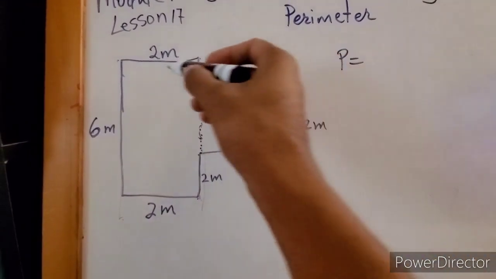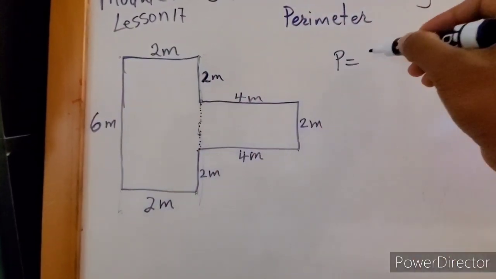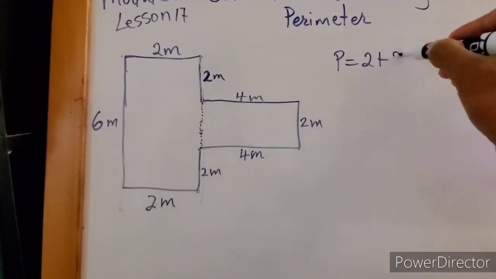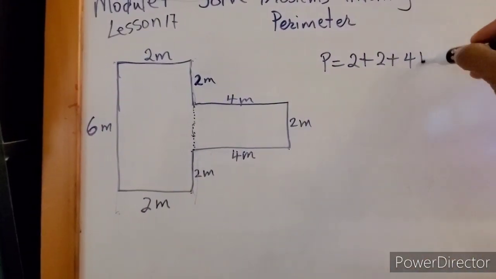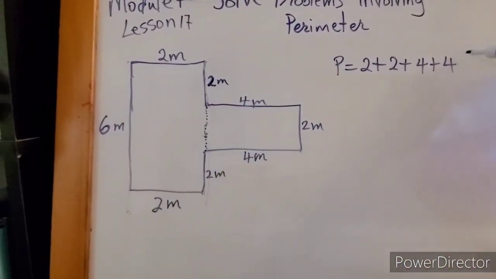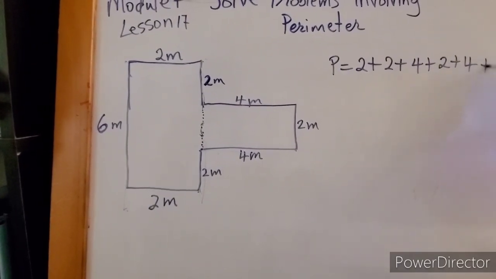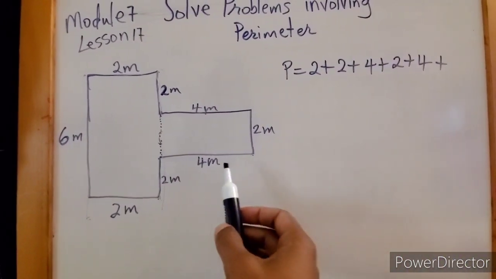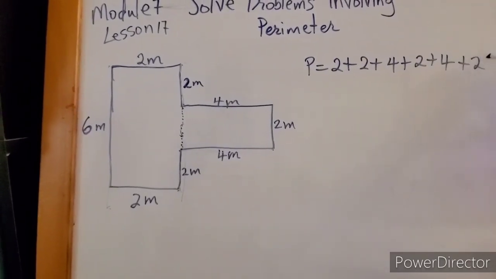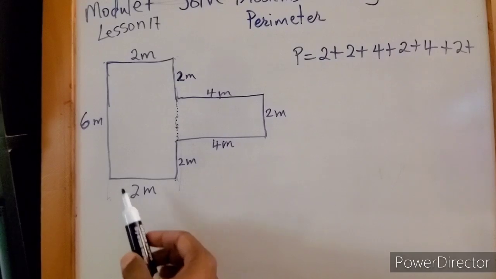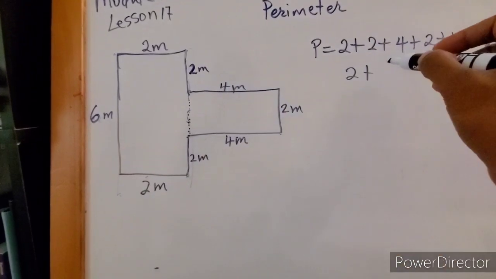Perimeter is equal to, let's start from the top and work our way all the way around the object. 2 plus 2 plus 4 plus 2 plus 4, oops, made a mistake, plus 2, why am I writing 4 each time, plus 2 again, plus 6.